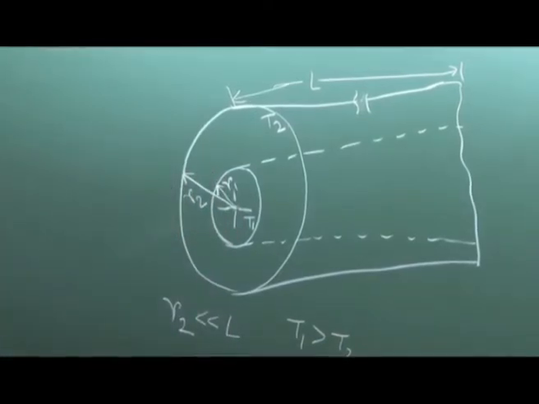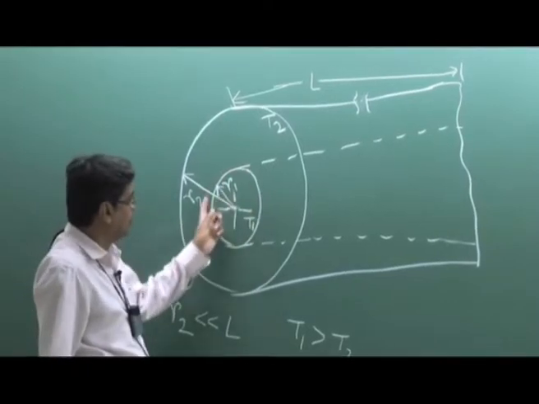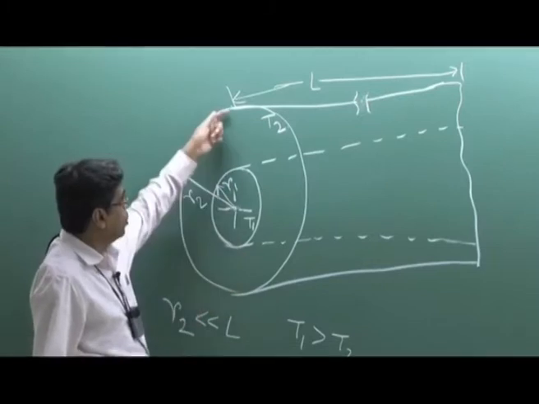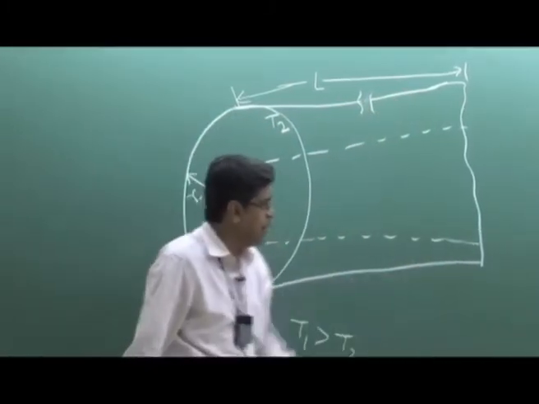Now in this case, since it is maintained at a constant temperature, there is no variation in the azimuthal direction theta, and also the temperature is the same along the length of the cylinder.